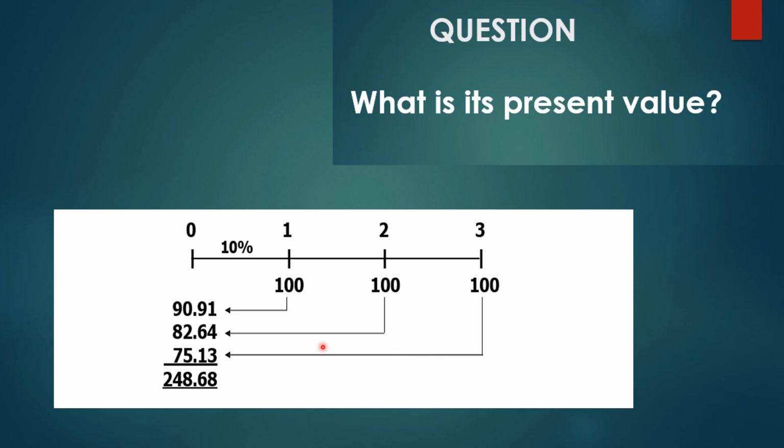So by having a negative n, that's actually the same as putting that number into the denominator. So we just get the sum total. So 90.91 plus 82.64 plus 75.13. So we get 248.68.